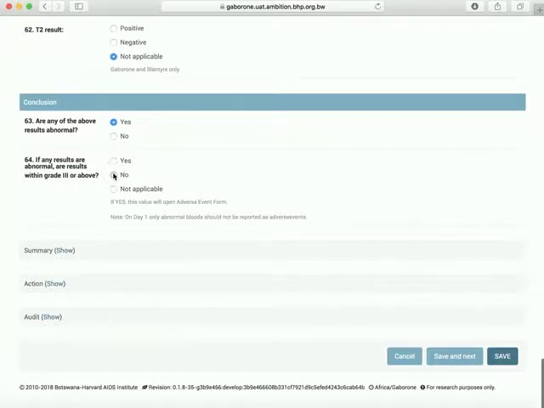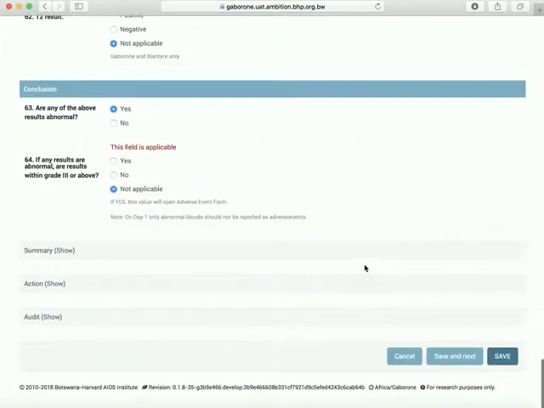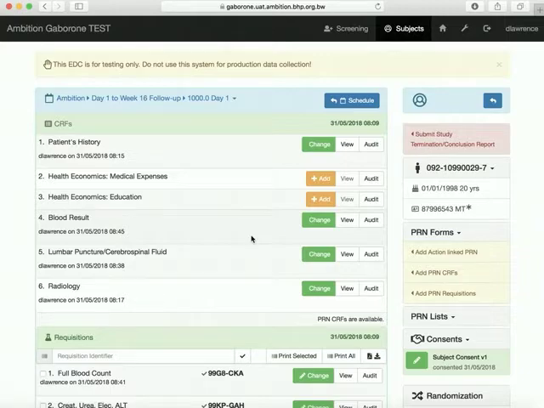So I'll just save that form. And then I'm back to the landing page.